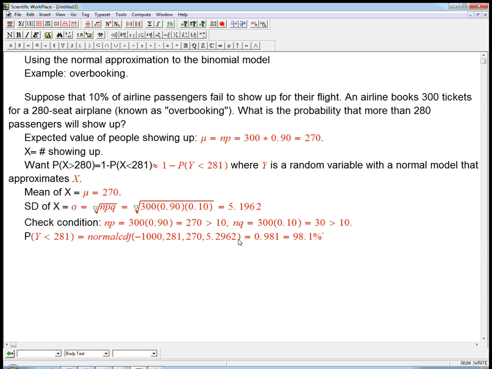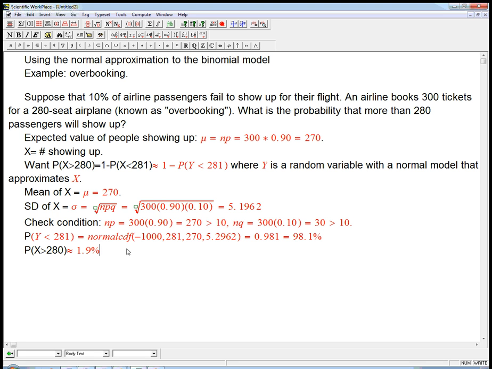Remember, that was the probability that it's not overbooked. So the probability that our variable is greater than 280 is approximately 1.9%. So with this scheme, they are likely to overbook the aircraft less than one time out of 50.